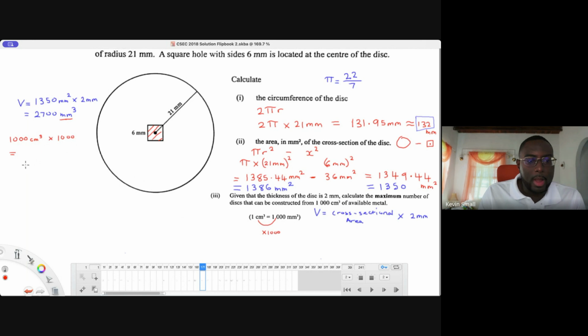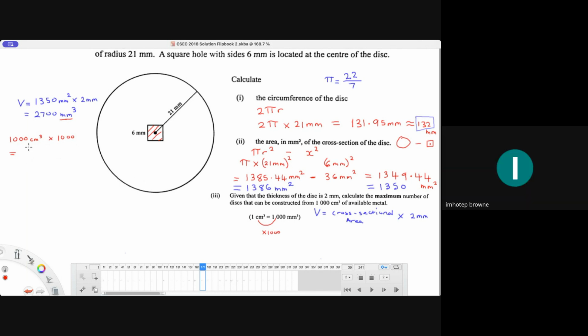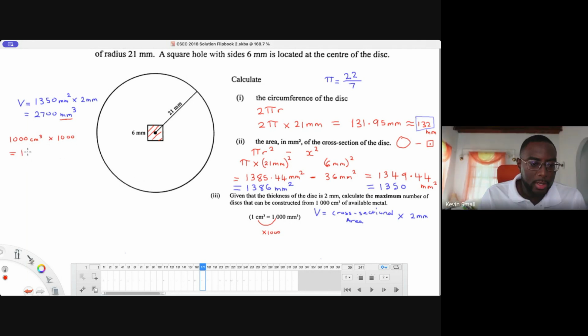What is that big number that you would get? 1,000 by 1,000 is how much? A million. 1,000 by 1,000 is a million. 1 with 6 zeros behind it. Okay.